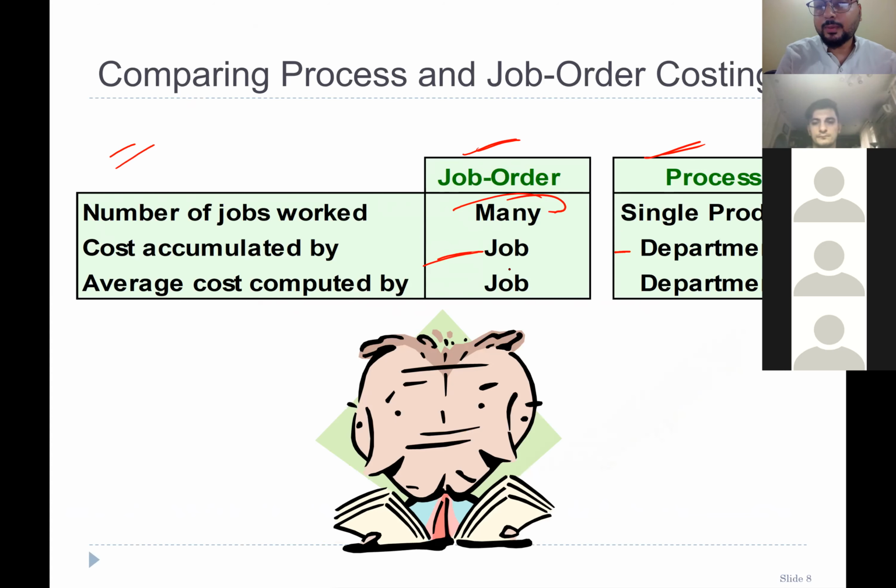But for jobs, the units are based on keyboards, computers, or mouse, right? So you need to decide. It depends on the job. So average cost is computed by the job, and here average cost is basically based on department, that's it, right?